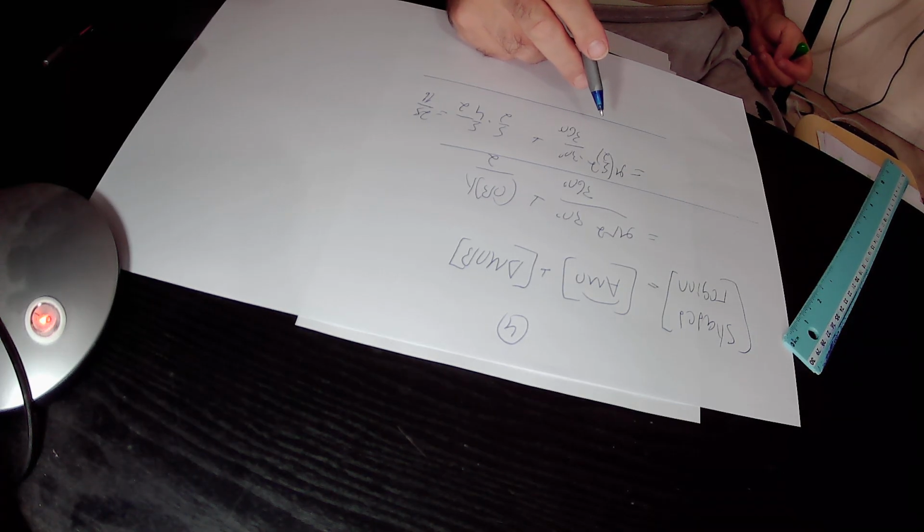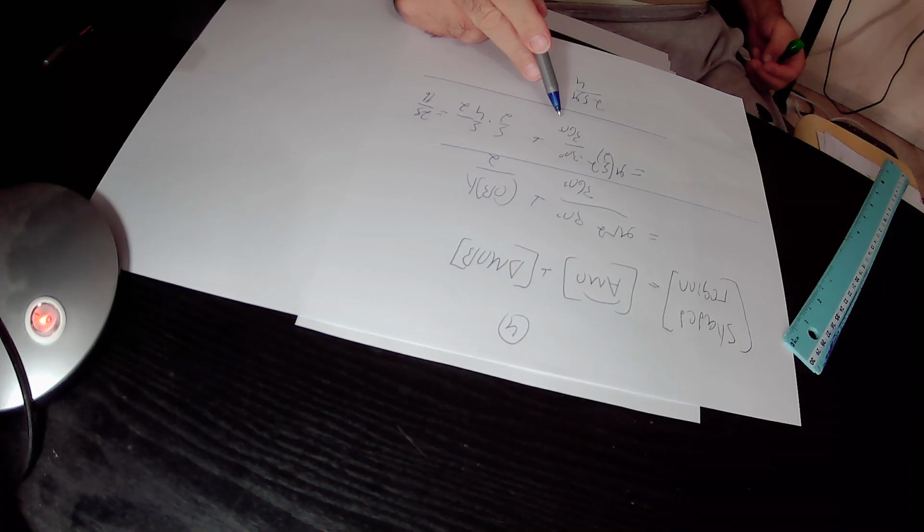So pi times 5 halves squared equals 25 pi over 4 times 30 degrees over 360 degrees. 30 degrees over 360 degrees is 1 over 12.